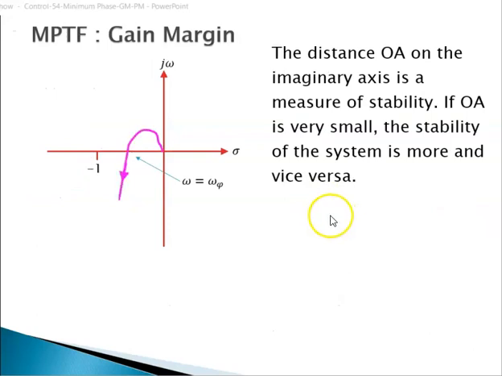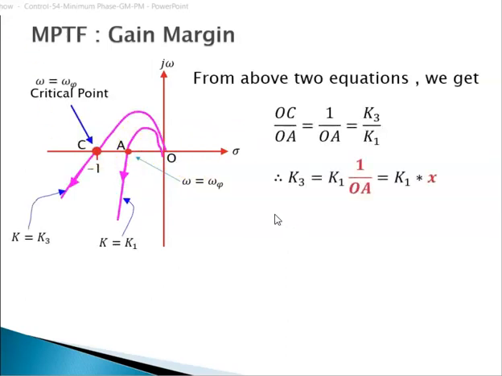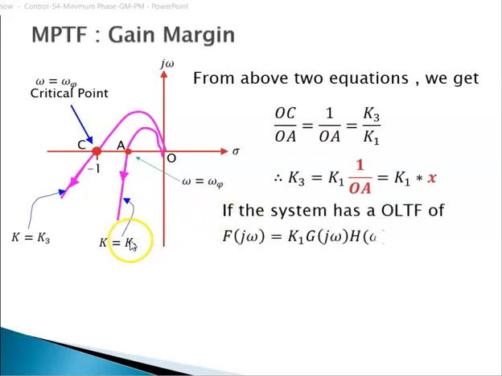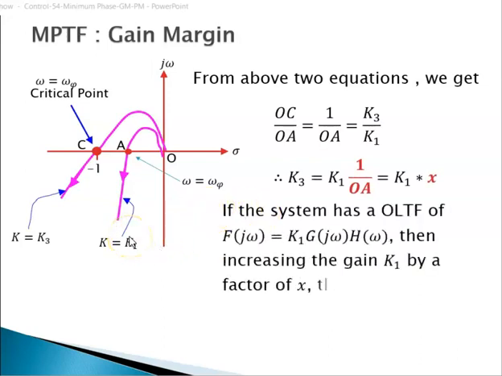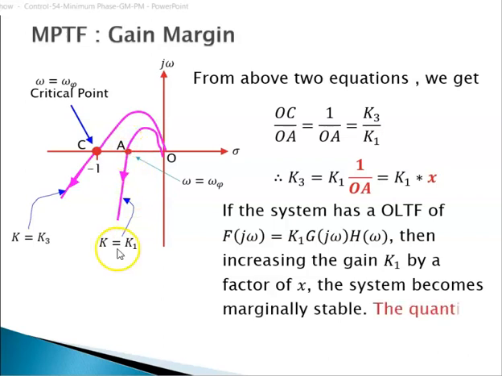We will define gain margin. The distance OA from O to A is a measure of stability. Let us say when K is equal to K1, the point of intersection is at A. When K is equal to K3, the point of intersection is at C. So we can write OC by OA.